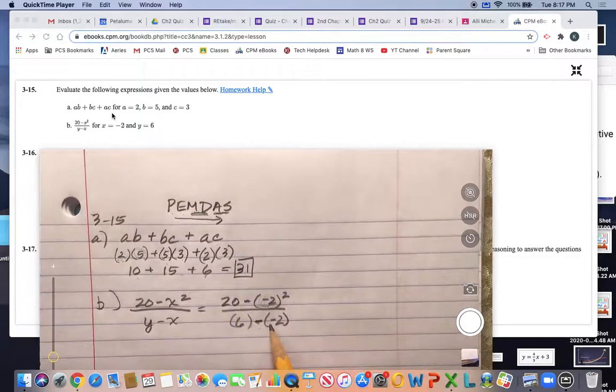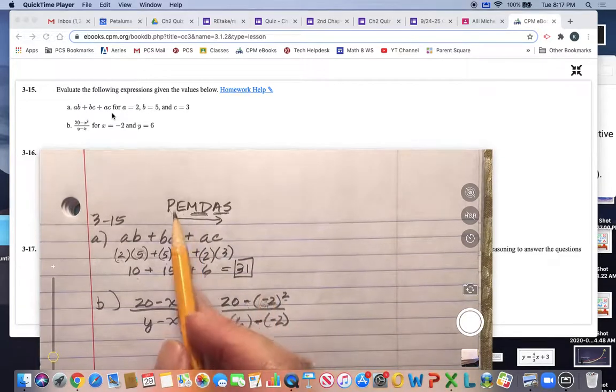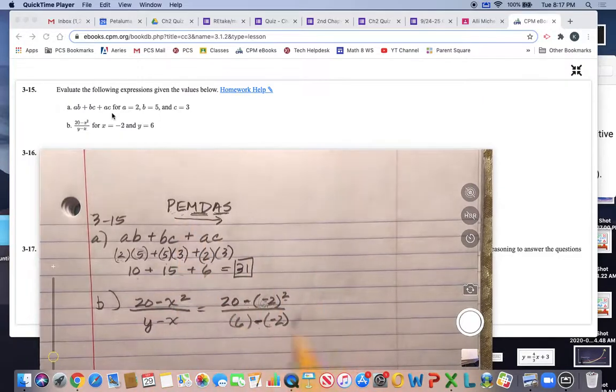Okay, but before we do that, which is basically an addition and subtraction operation, we have to take care of our exponent. So it's the second one there. So let's go ahead and take care of that.